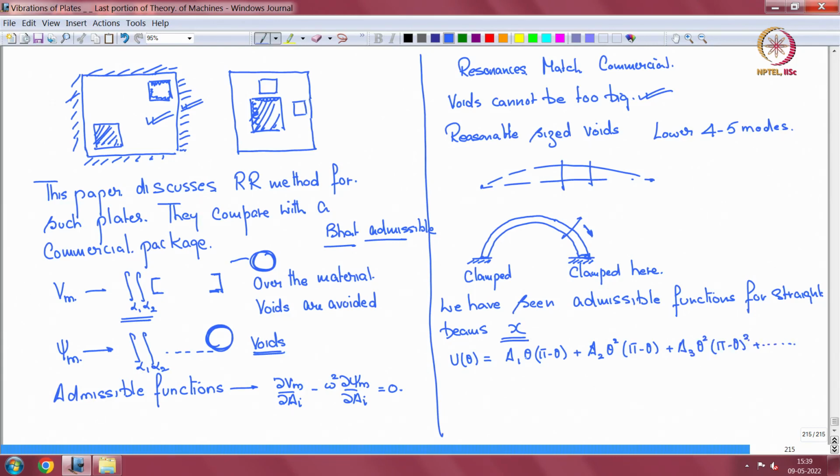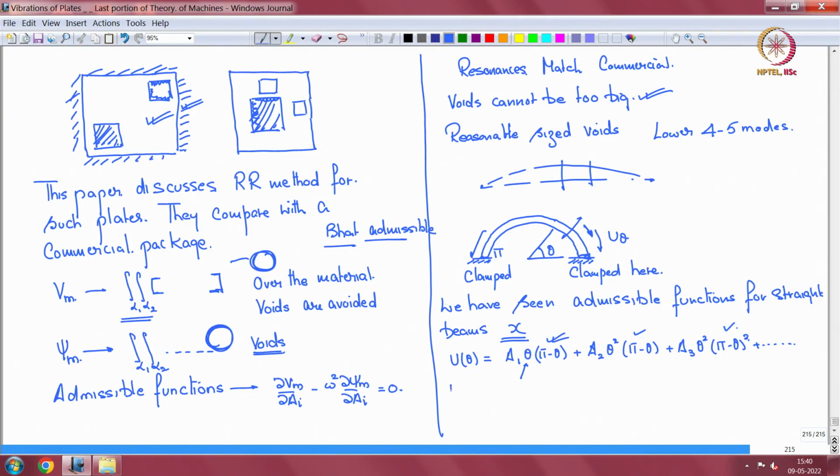Okay. So at theta equal to 0 and pi, this goes to 0. u theta is the in-plane motion. So, let us say we measure theta from here, theta equal to 0 and pi. At theta equal to 0 and pi, these functions go to zero. So u theta movement is arrested.